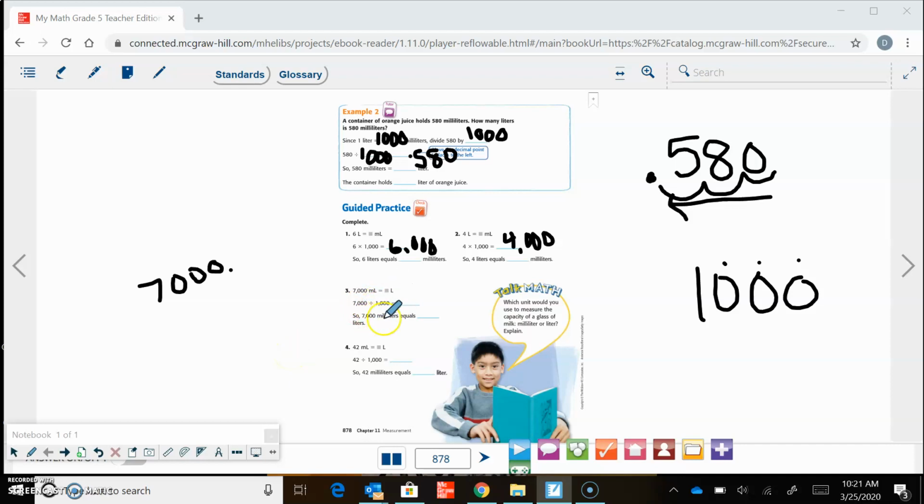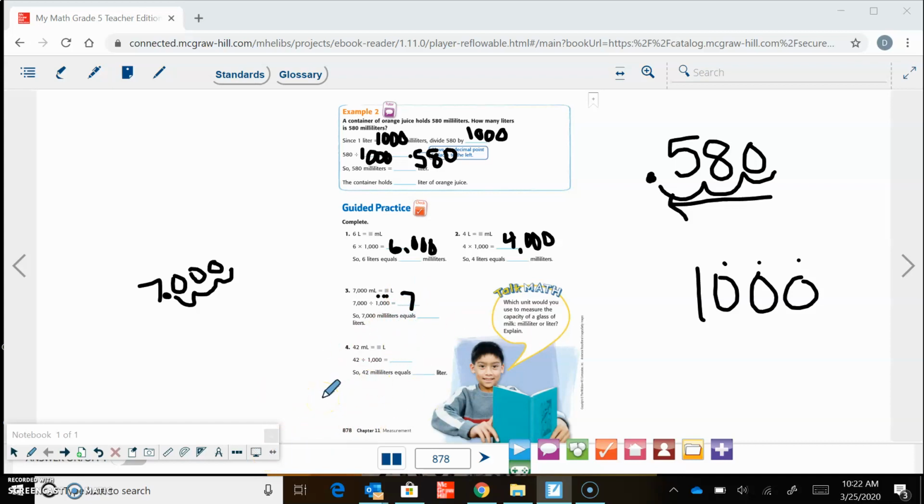And then for my 1,000 that I'm dividing by, there's 3 zeros in that. So that means I'm going to move this decimal point 1, 2, 3 to the left. So it's going to be right there. What is that? 7.000. That's the same thing as just 7 wholes, right?